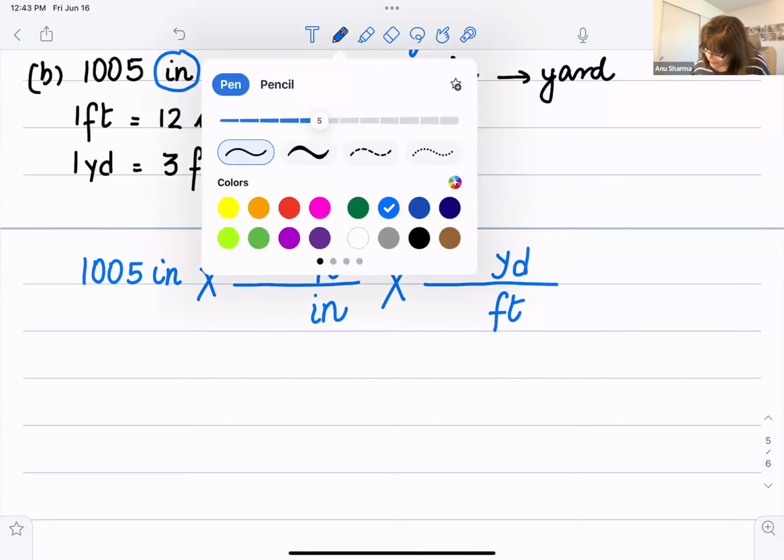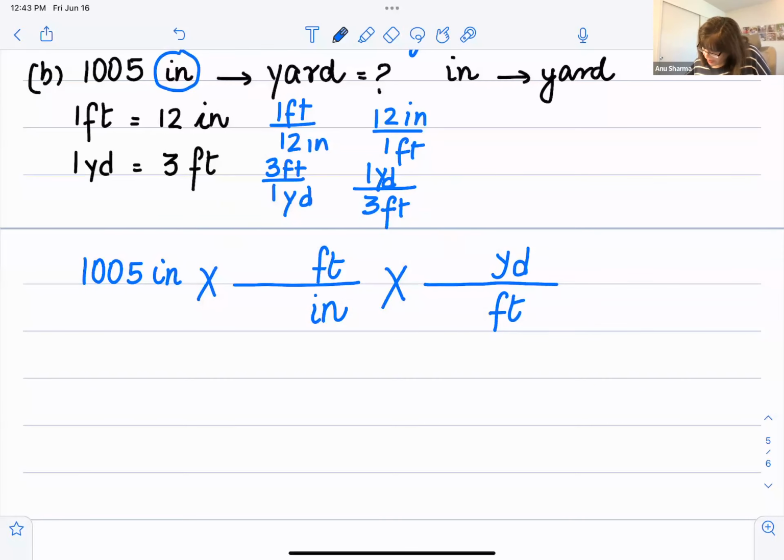So here you have 12 inches and 1 feet, and here you have 3 feet and 1 yard.